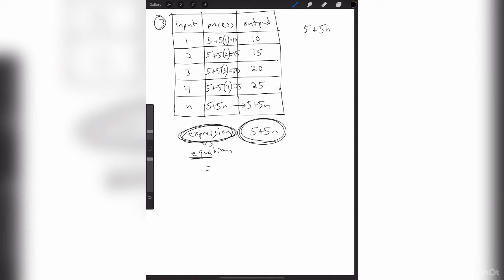So let's take a look at number 4. Number 4 says, copy and complete each table. Include a process column between the input and output. Well, we have practice doing this, so we're going to continue. So if I have input, and I'll just say this is my process, and then my output, I'll go ahead and create my table.